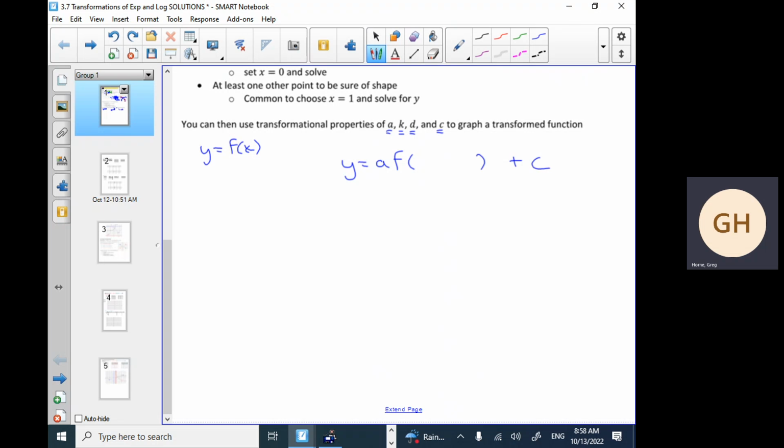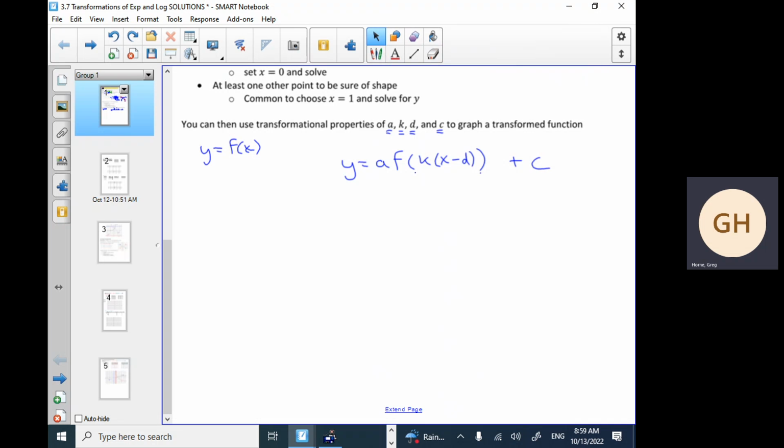Essentially, you're just adding to the Y value, or you can operate on the X before the function happens. And that's where the K and the D are. Sometimes people use square brackets to distinguish, with the bracket around the X, the -D, there.